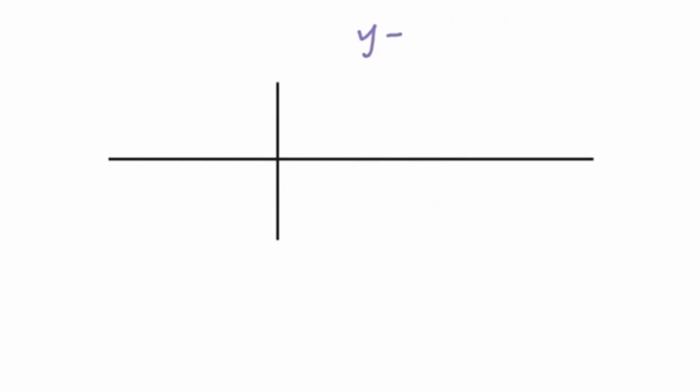For y equals cosine x, the graph will be like this. We need 1, 2, 3, 4, 5. So we do the 2 pi. Half will be pi. Half, pi over 2.